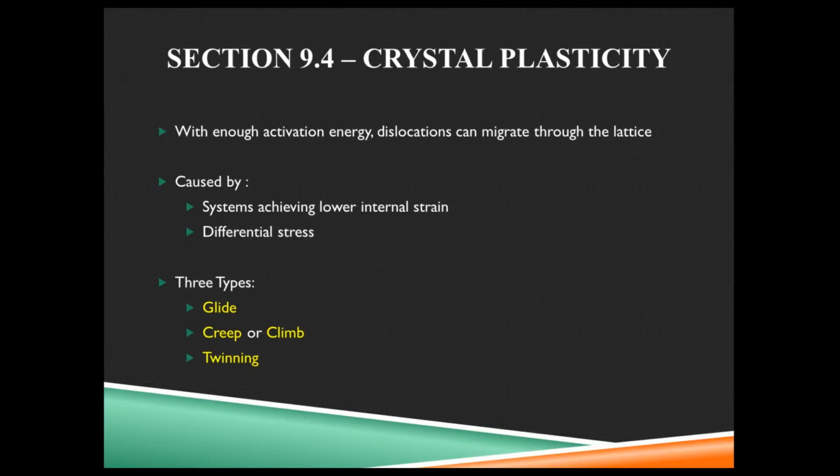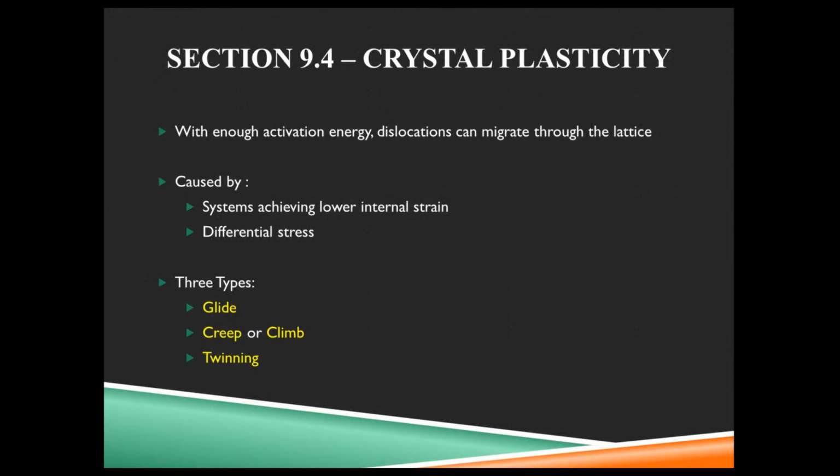It may take a long time, it may take only a short period of time, but it's going to happen. So something that will achieve a lower internal strain, and if there's differential stress, so there's more downward pressure than there is from the sides or vice versa, this kind of thing is going to happen.